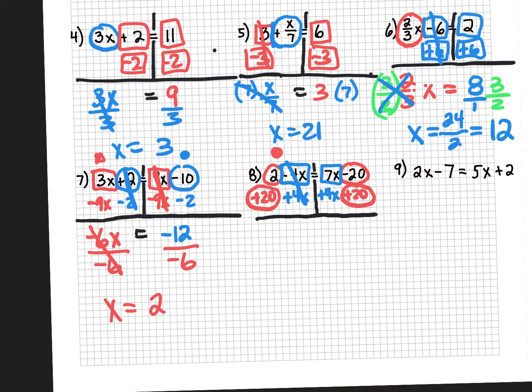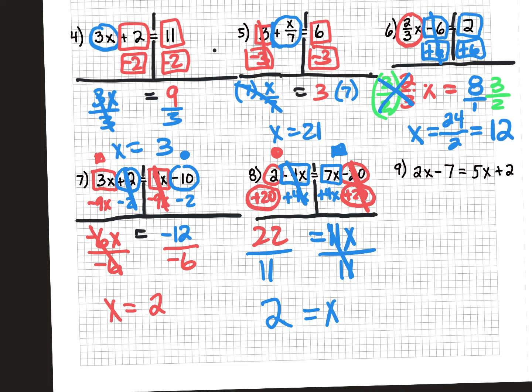So this ended up being my red circles, and this was my blue rectangles. Those cancel out, and I get 11x equals 22. When I divide by 11, because I need top versus bottom, x equals 2.